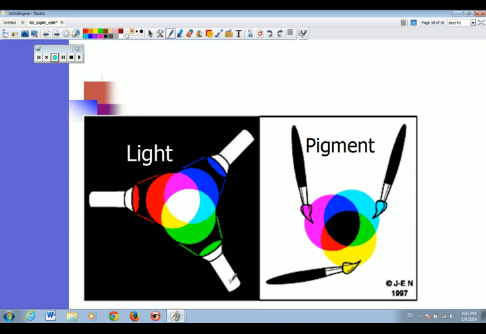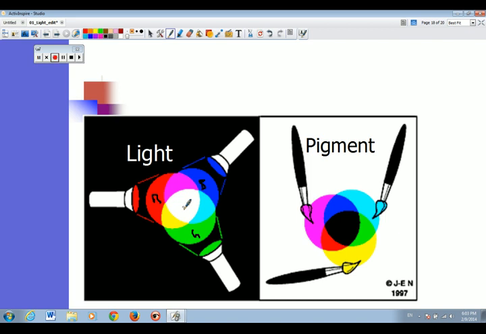So if we had some flashlights and put some filters on them, remember, we have red, green, and blue. From light, red and blue make magenta. Red and green make yellow. Blue and green make cyan, and when you mix them all, you get white. Pigments work differently.